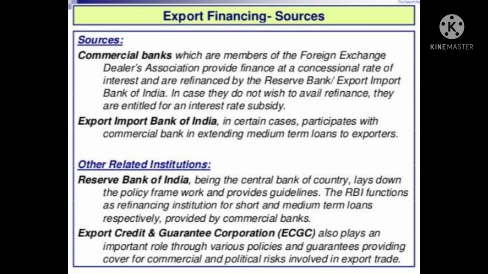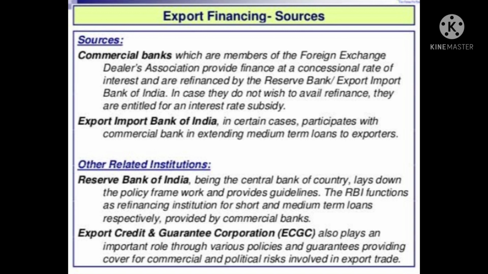Whenever there is a war between two countries, suddenly the exports might be stopped. Due to this COVID only, you would have observed, suddenly the exports, imports and all stopped. In these kinds of situations, they are not able to do anything. So, in such cases, this ECGC will provide a cover to these commercial banks by taking care of the risk which they are suffering.